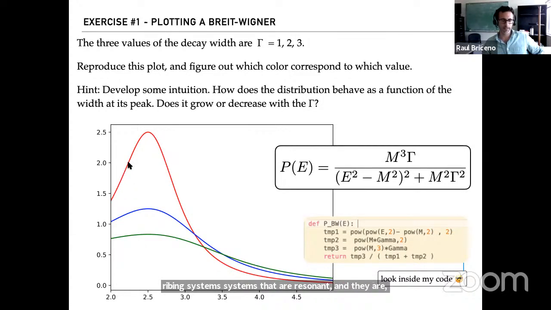They have this little bumpy behavior as a function of energy. And so we asked you to make plots for them. Very simple, right? By now you've learned about making functions and making plots, so this shouldn't have been too much of a challenge.